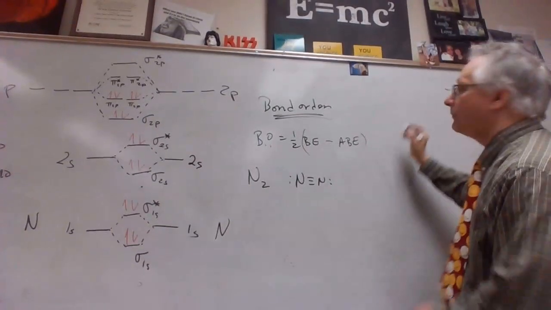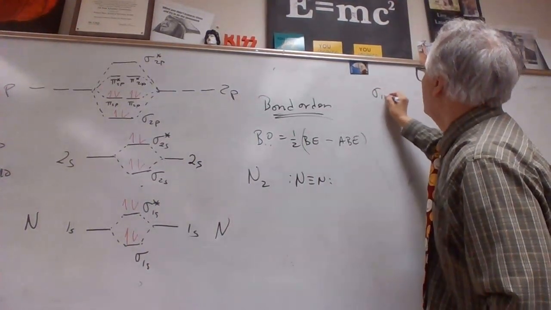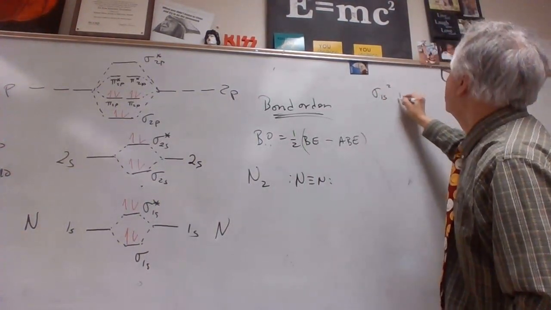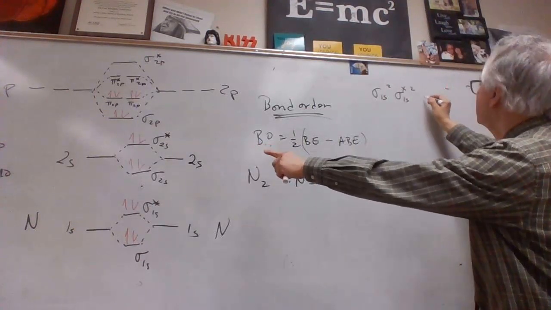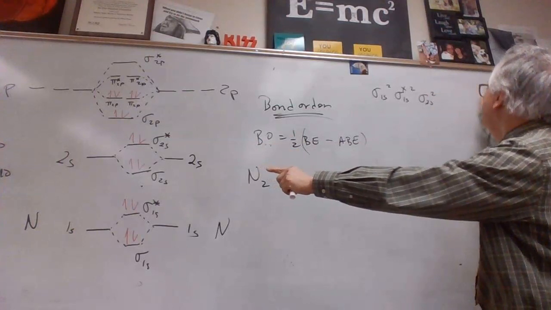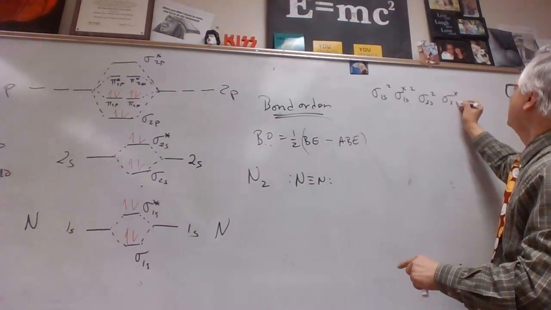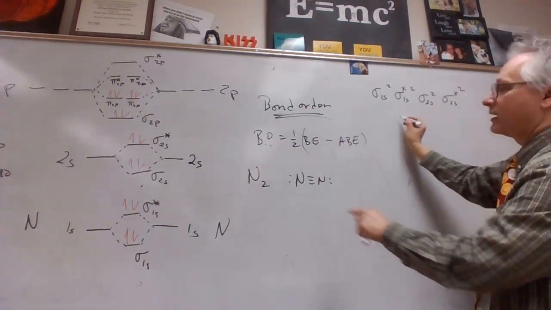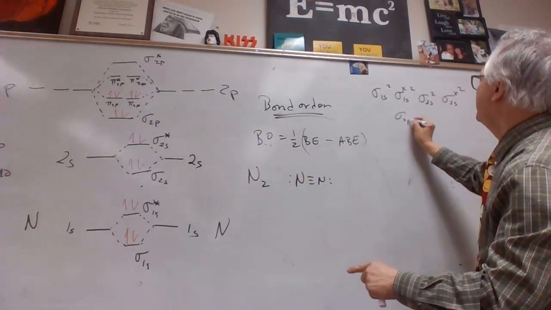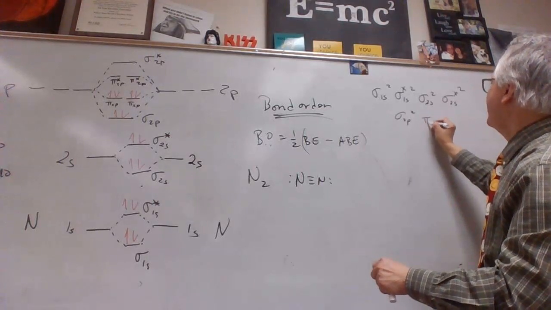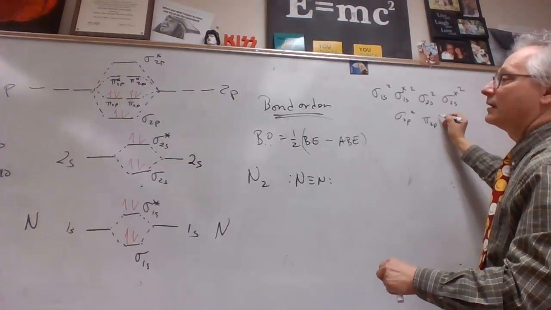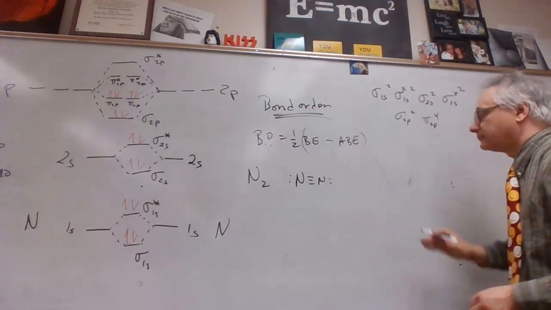If we want to write it out, we could say sigma 1s2, sigma star 1s2, sigma 2s2, sigma star 2s2. I'll come down here, sigma 2p2, and then pi 2p. I have a grand total of 4 in there.